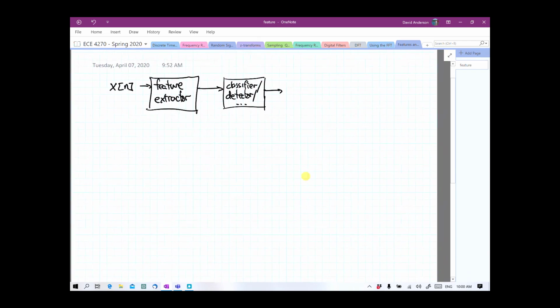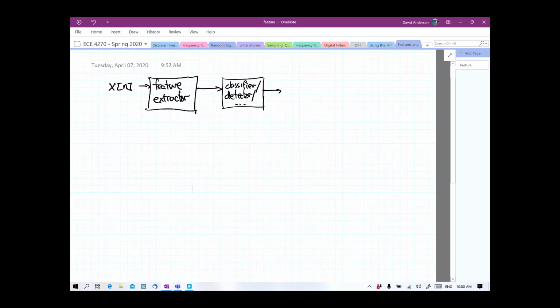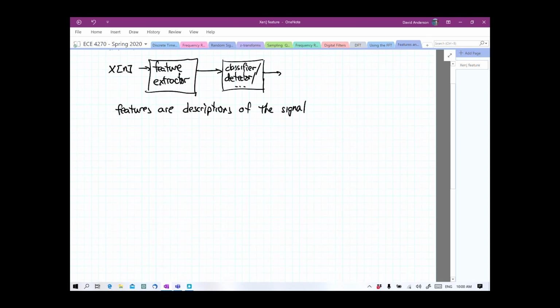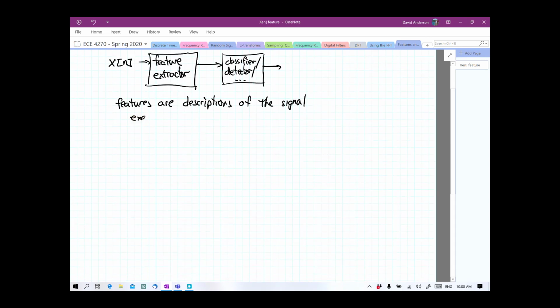You can think of features as descriptions of the signal, and there are a variety of things that this could include. It may be just the energy, or maybe a short-term energy or power, or perhaps something a lot more complicated, the spectral shape.